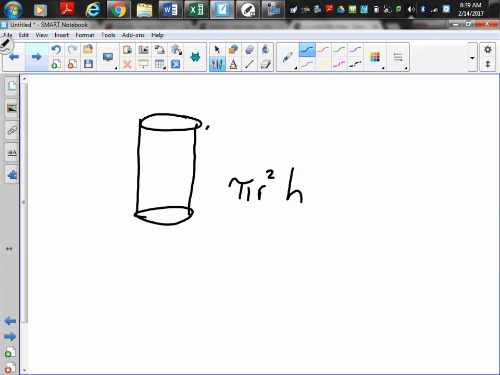Paul? That's the area of the whole cylinder? That's the volume of the cylinder. So what formula does this have inside of it? What about a circle? Formula for what of a circle? Oh, sure. So we use the area of a circle.